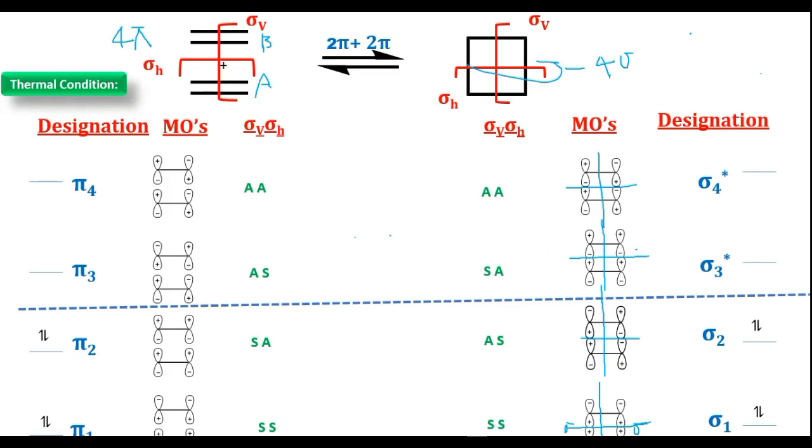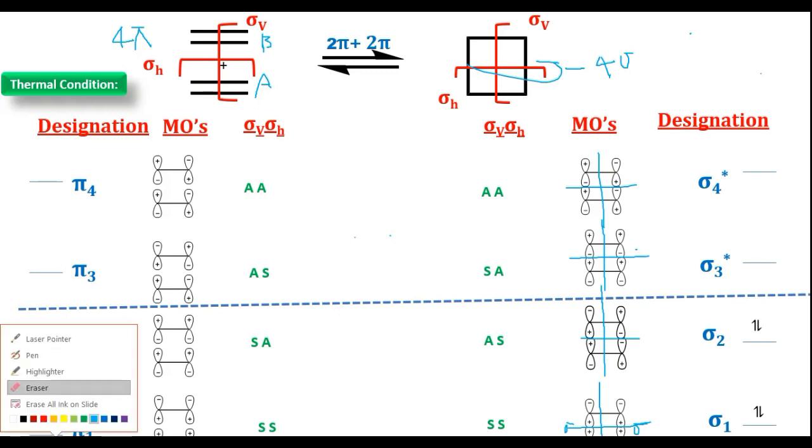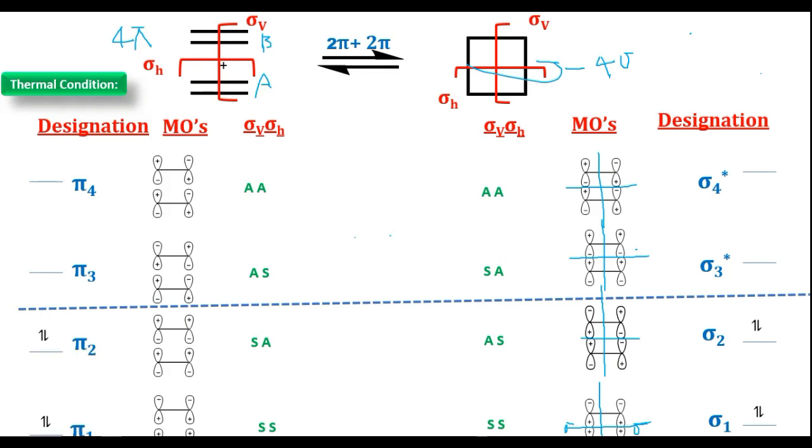Next case friends, you draw a line, which is called the non-crossing line. How to write this line? You have to differentiate the low energy molecular orbitals from the high energy molecular orbitals. That means you have to draw a line between molecular orbitals with electrons and molecular orbitals without electrons.